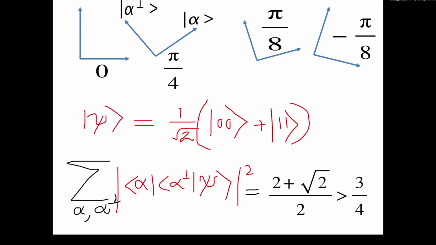If I produce an entangled state of this kind, and X and Y determine my measurement basis. So if X is 0, my measurement basis in one box is horizontal and vertical. If X is 1, then my measurement basis is 45 degrees and diagonal.